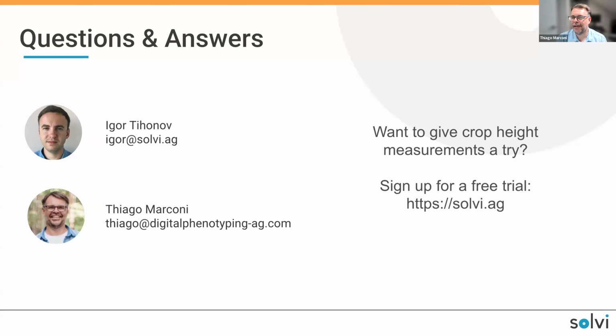But as you saw in my examples, all those traits, especially height traits, were extracted from RGB images. And with RGB, you can also extract other traits, not only height, right? So that's the biggest advantage I think RGB can pose.